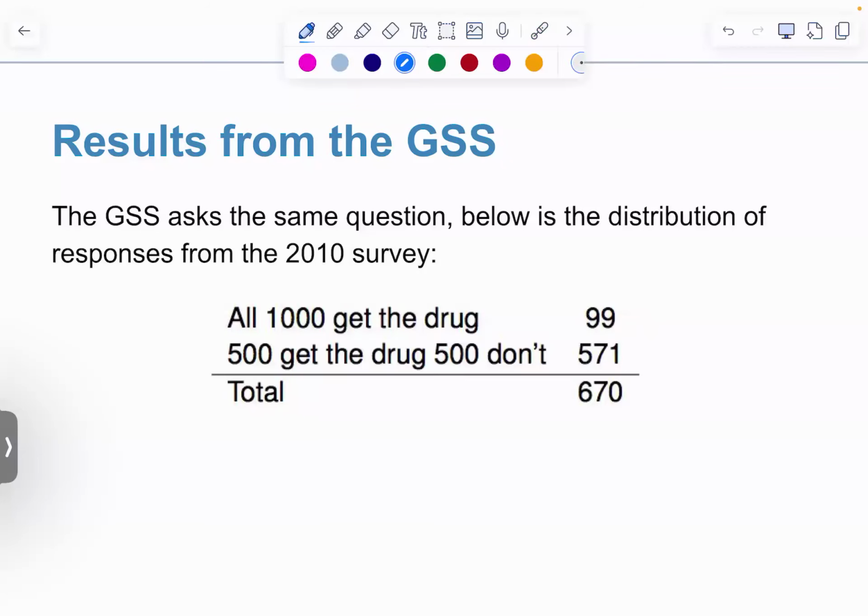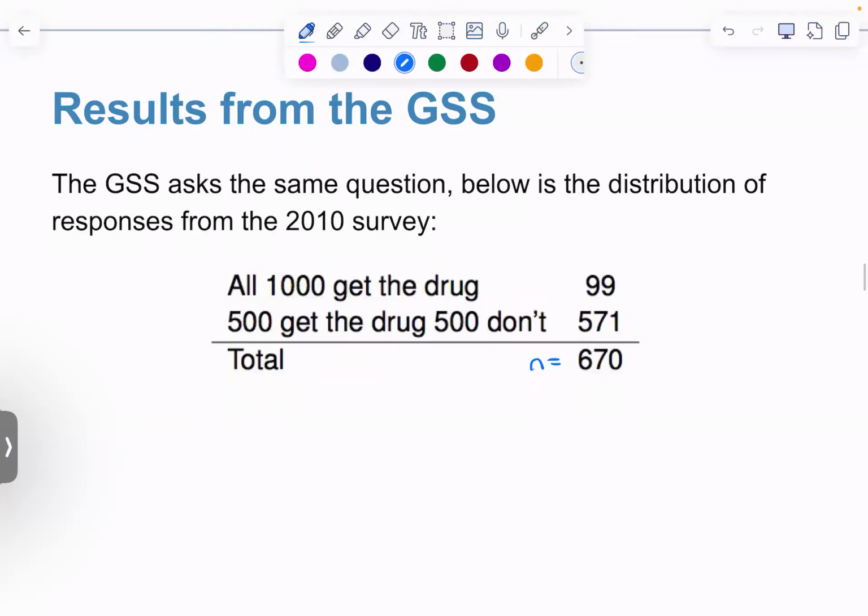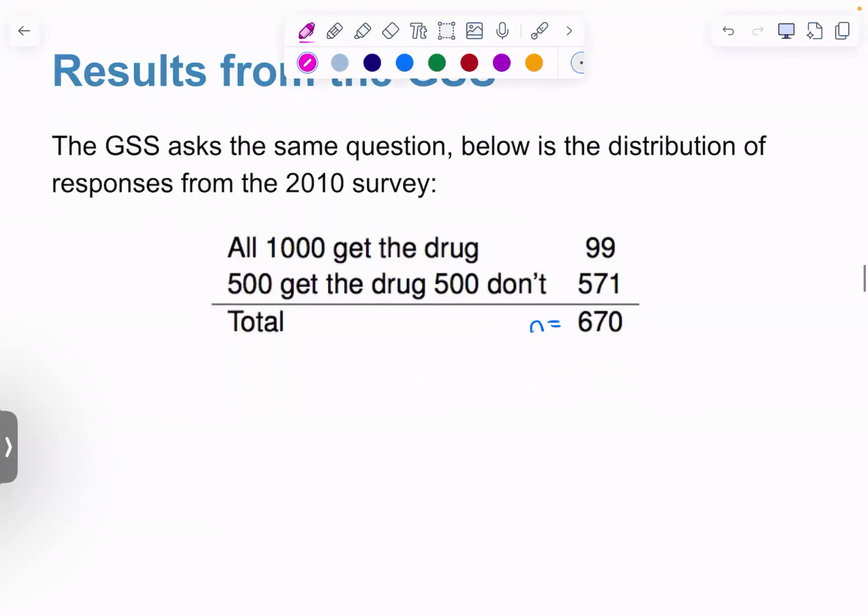670. And depending on what we want to talk about, right, that will determine which of these is a success. I will highlight it here because it gets a little bit confusing on the next slide, I'm pretty sure.